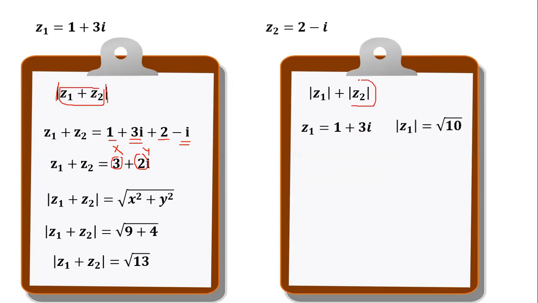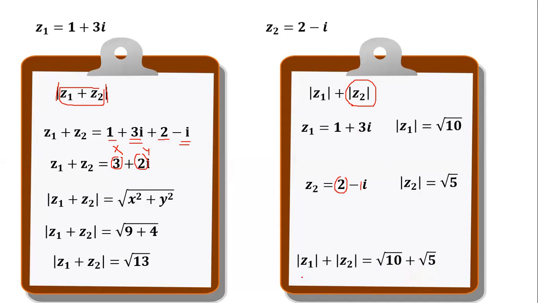Repeat the same steps in calculating the modulus of z2, radical x squared plus y squared, where x is the real part and y is the imaginary part. We will get that the modulus of z2 is equal to radical 5. Adding the modulus of z1 plus the modulus of z2, we will get the following answer.